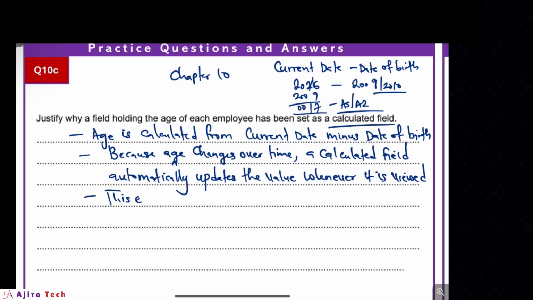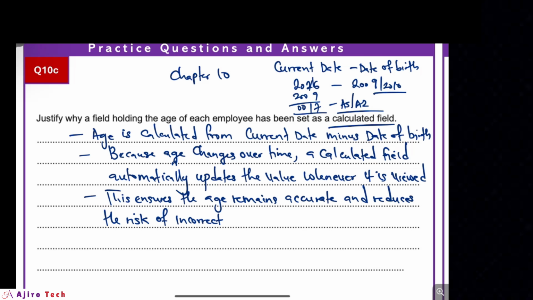This ensures the age remains accurate and reduces the risk of incorrect data being stored.